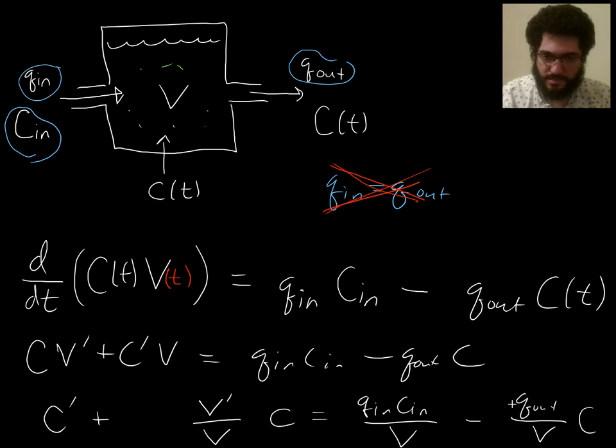That's not quite in the form I want yet, because I don't want c's showing up on the right hand side. I just want a function of t. So let me add that to the other side. So what I'm going to do now is add this term to the left hand side.